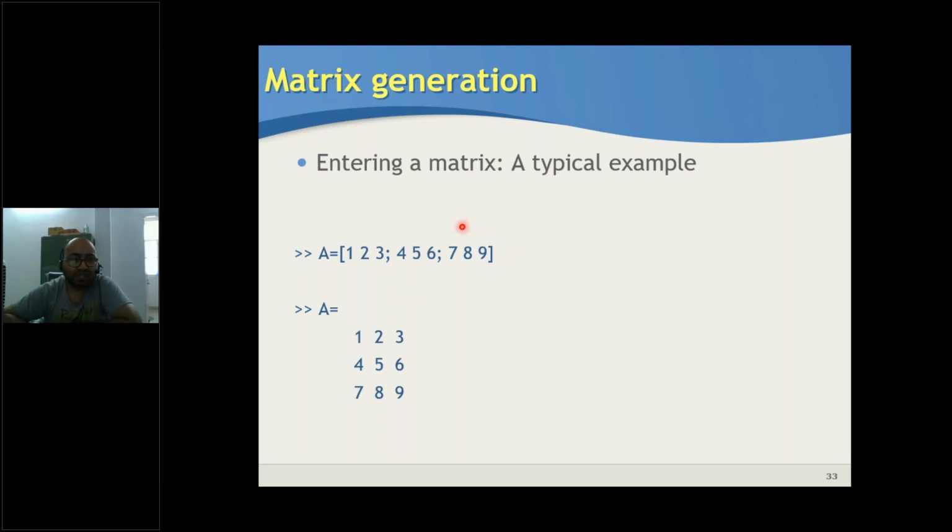Here we have to consider that we must follow all the matrix properties. Like if we are writing 1, 2, 3, 4, 5, 6, 7, 8, 9, and 10, then it will mismatch the matrix size. So it is not allowed in MATLAB. So it will directly print the error. What type of error you are getting?